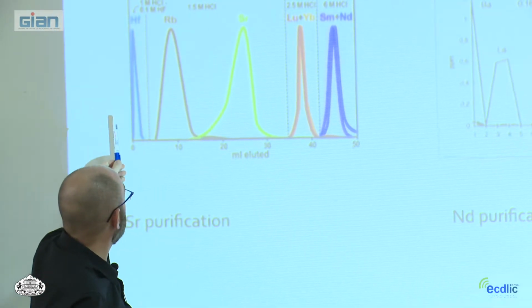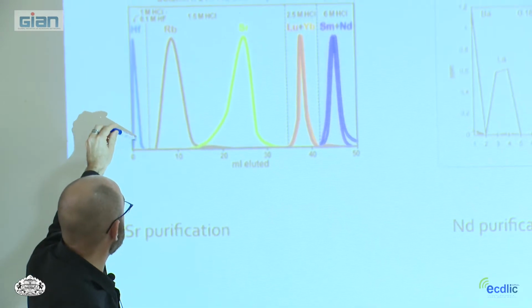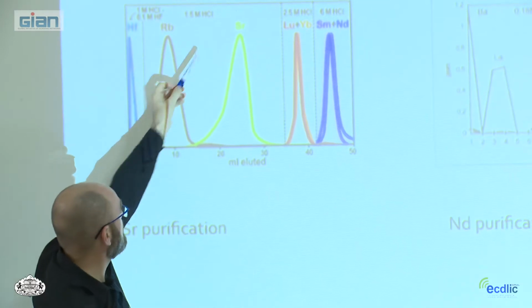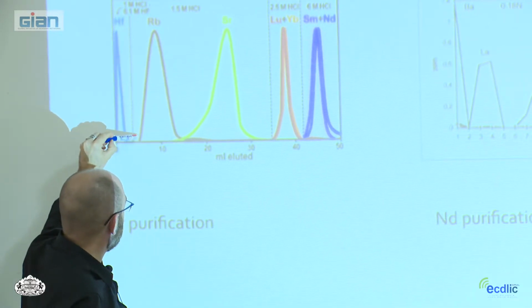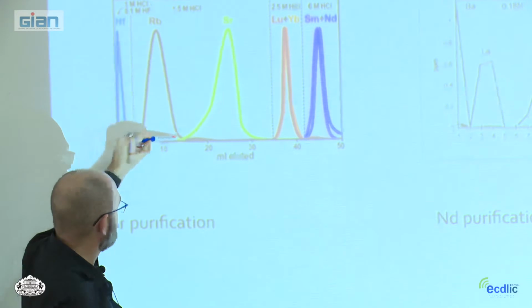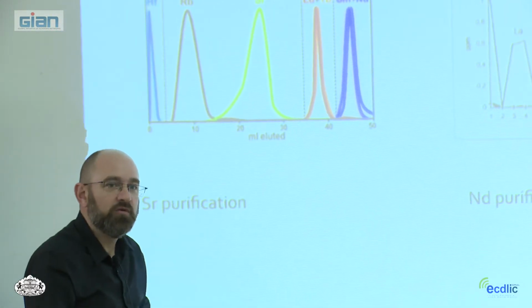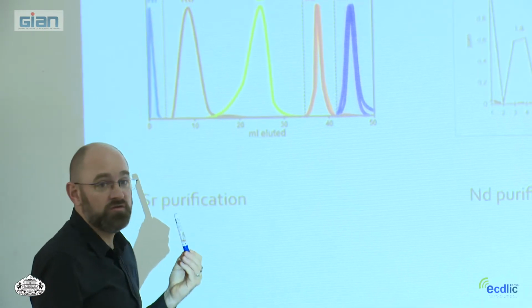So when I put my sample inside, and then I use 1.5 molar HCl, for example from 5 to 15 milliliters, the rubidium will fall down from my resin but not the strontium.